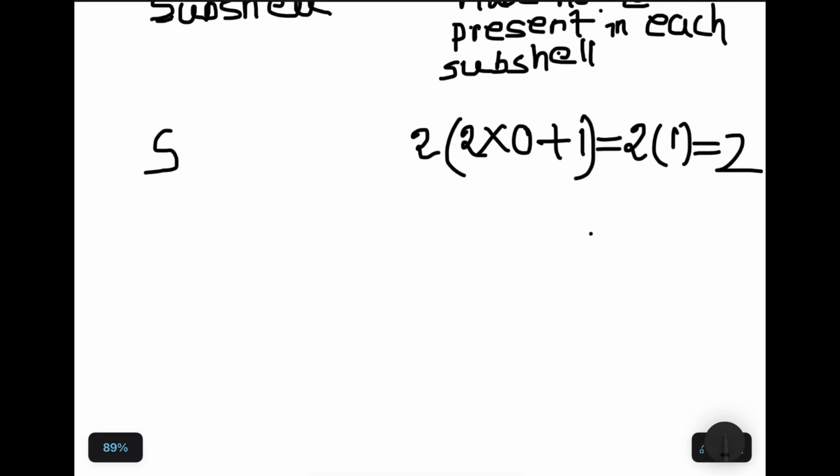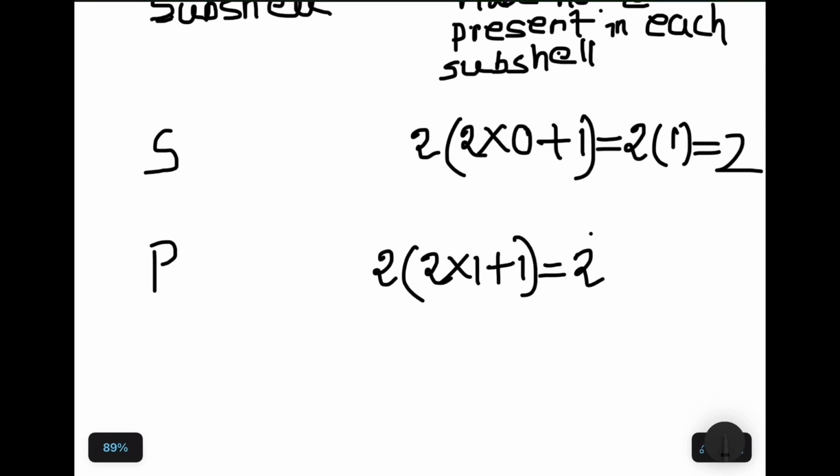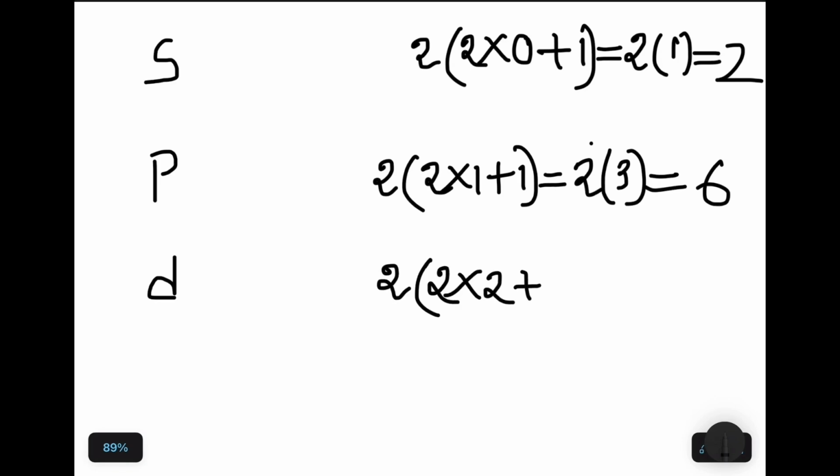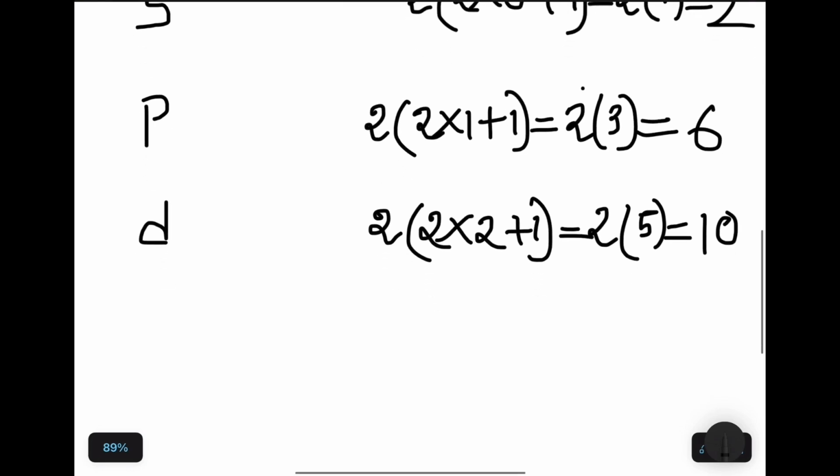For subcell P, the azimuthal quantum number is 1. So the formula will be like this. So the maximum number of electrons in subcell P is 6. For subcell D, the azimuthal quantum number is 2. So the formula will be like that, and the maximum number of electrons is 10.